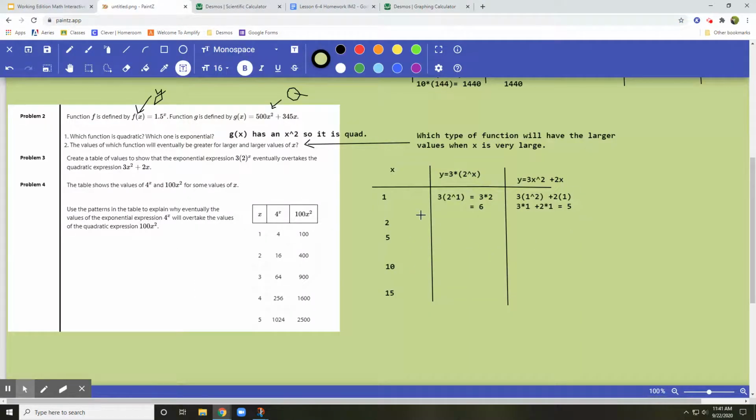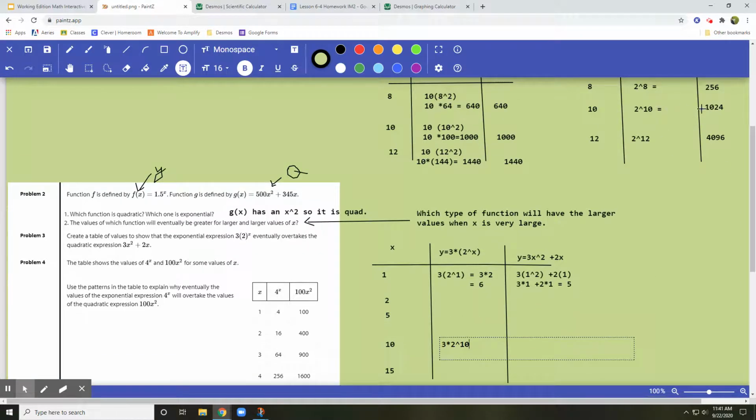All right, let's do one more. Let's just do 10. I'll let you fill in your own numbers, but let's do 10 and show that the exponential is going to be bigger in the end. So we have 3 times 2 to the power of 10. 2 to the power of 10 was 1,024.